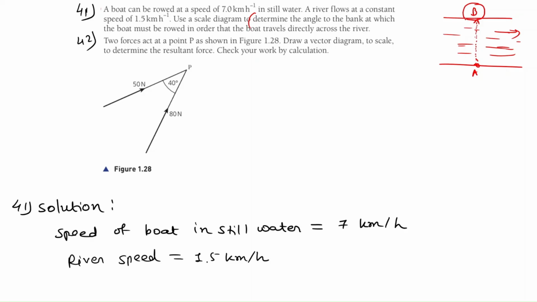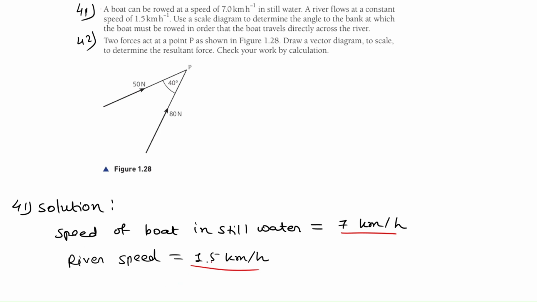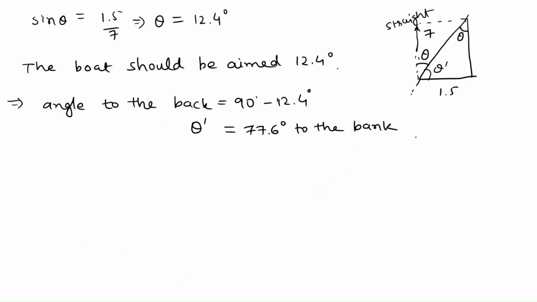So in order to find that, in question number 41, the speed of the boat in still water is 7 km per hour, and the river speed is 1.5 km per hour. So you have to find this theta prime. Means you have to cross the river, and if there is no current in the water, the boat goes from this to this direction easily.